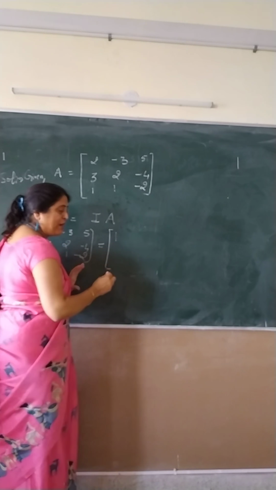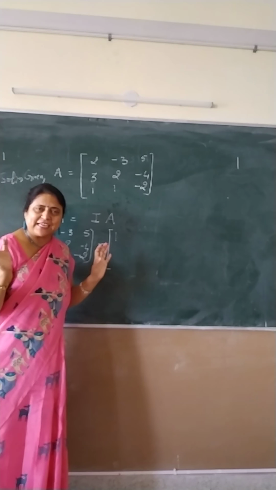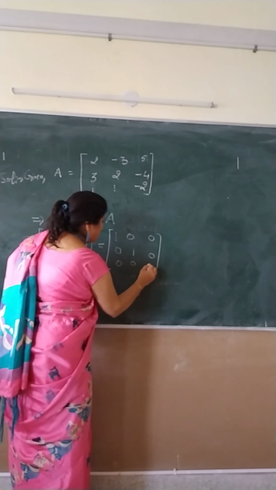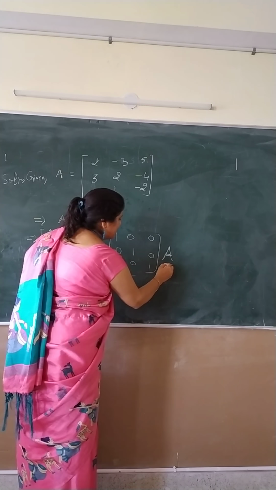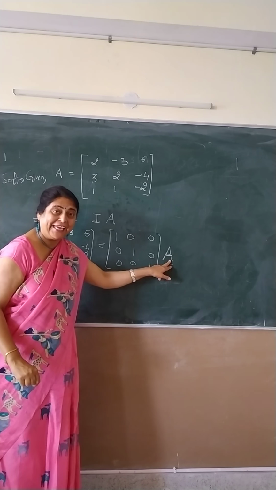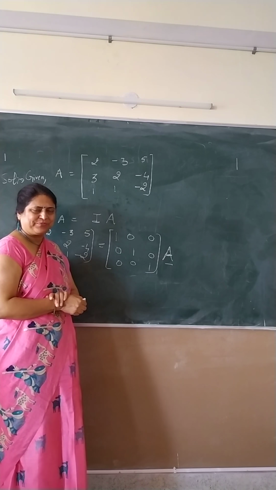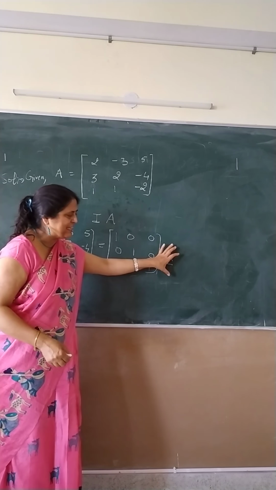You have to write this matrix, the order of which should be equal to the order of matrix A. Now this matrix A is of 3 by 3 order. So this is 1, 0, 0, 0, 1, 0, 0, 0, 1 into A. In every question you have to write here the given matrix.